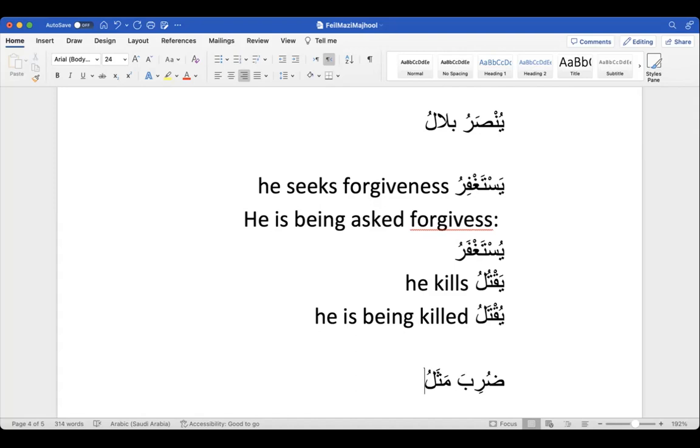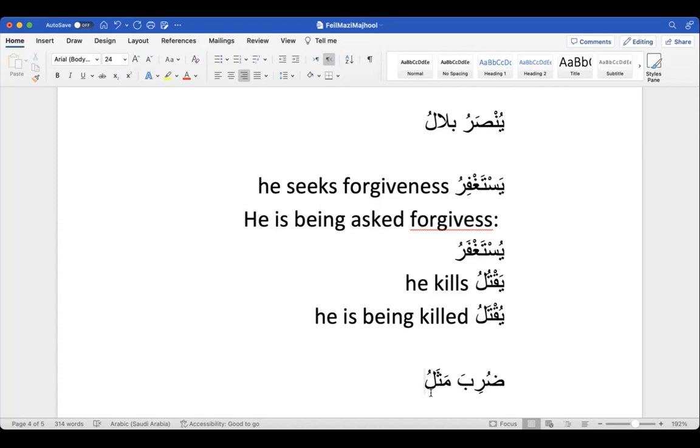Right now, I will not tell you the meaning. We'll go first of all the grammatical way. Zuriba masalu. So what is Zuriba? To hit or strike. Majhul fail al-madi, huwa version. Zaraba is the normal fail mazi and Zuriba is the majhool fail mazi, right?